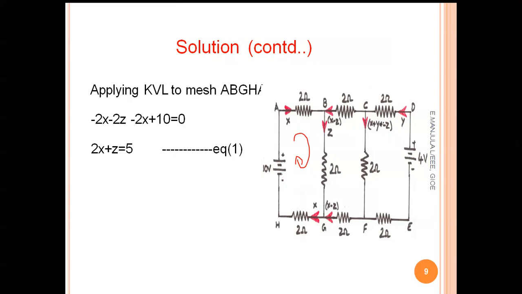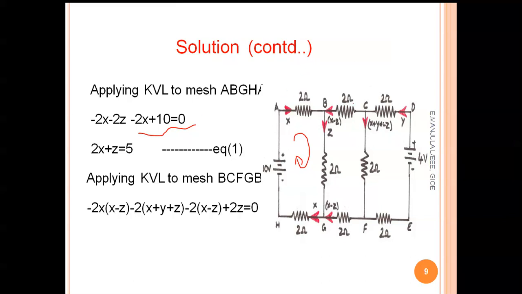And what is the leaving terminal of the loop? It is positive. So it is plus 10, which is equal to 0. Solving this equation, you will get 2x plus z is equal to 5. This is equation 1.